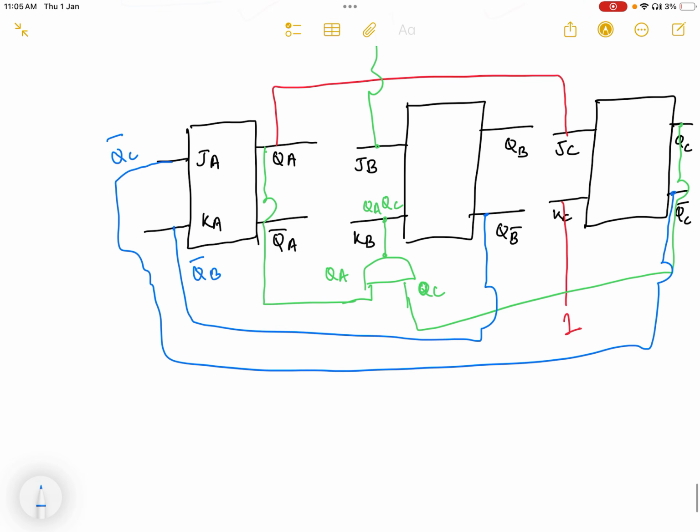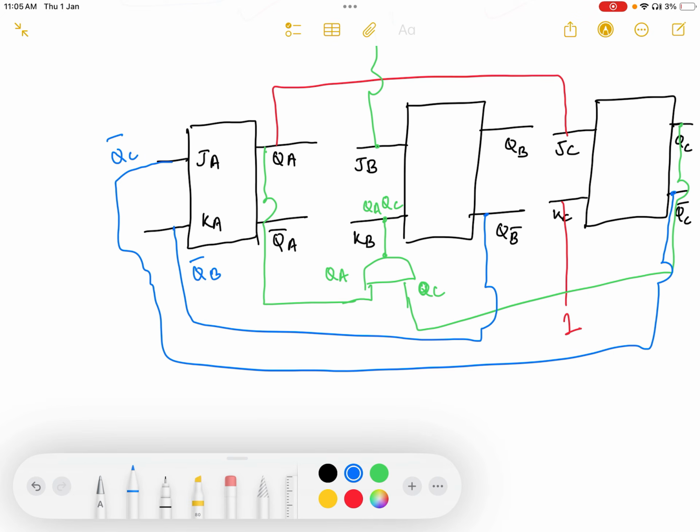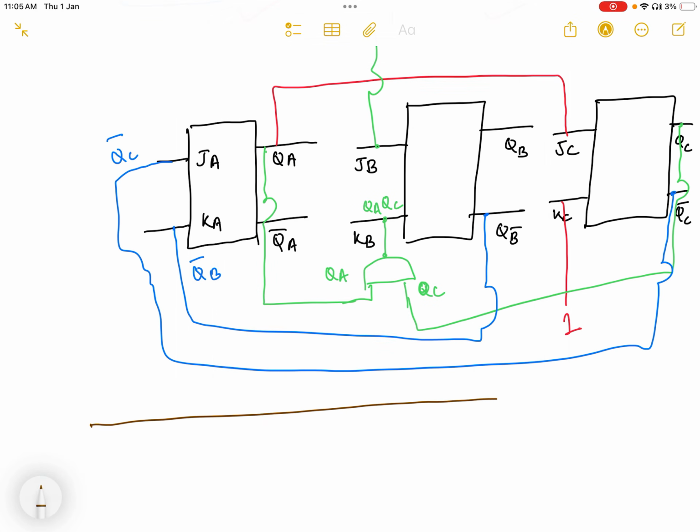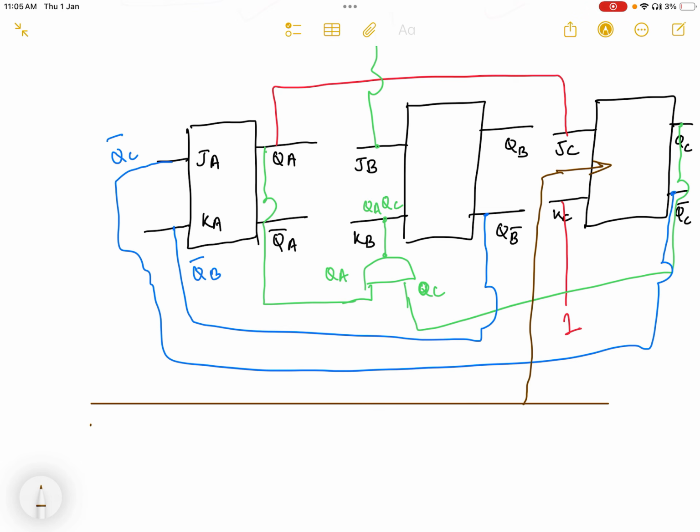As it is a synchronous counter, we need a clock, and that clock will be common to all. I take a common clock here and connect it to all the flip-flops. So this is the clock and this is the circuit.